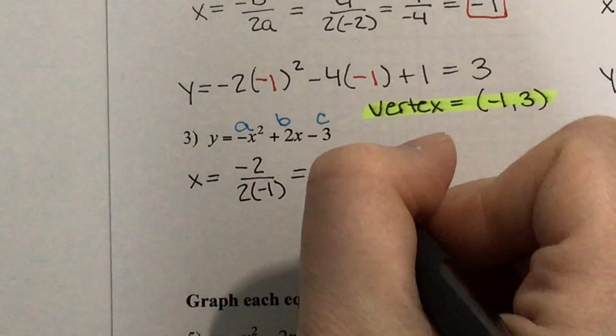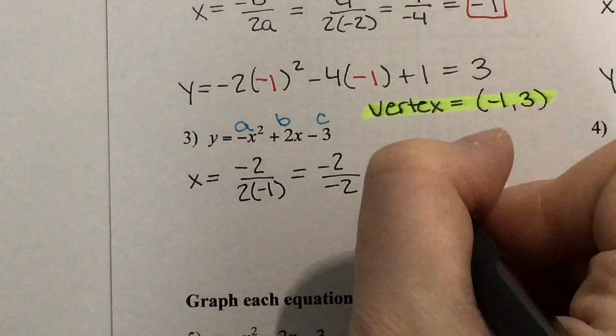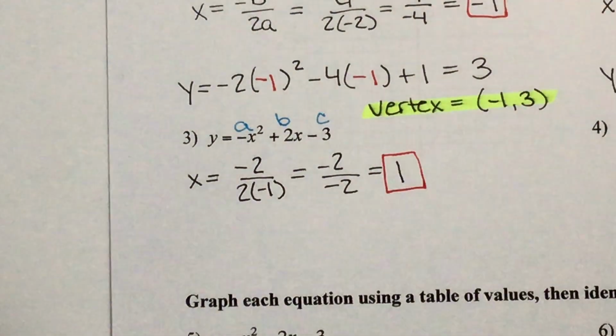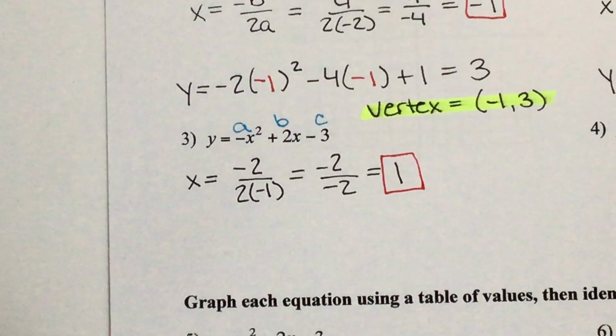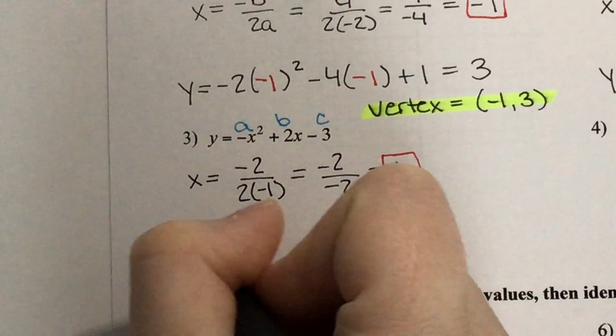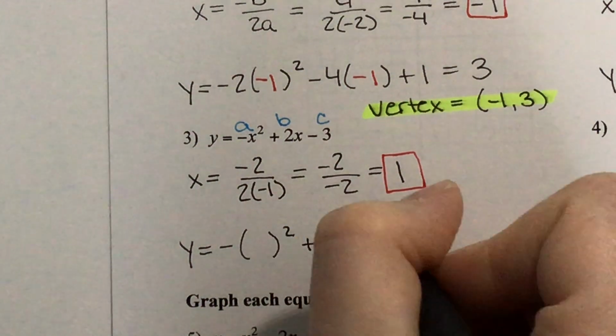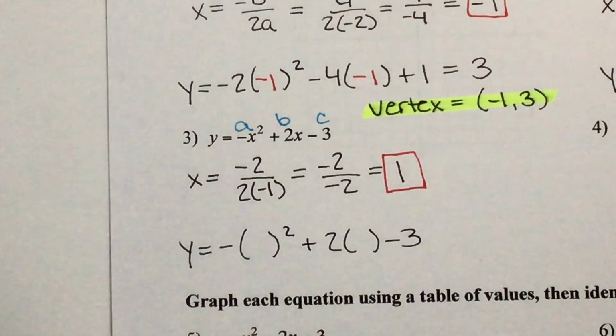So -2 divided by -2, it's +1. So that's what we're going to take and plug back into the original. y equals -x squared plus 2x minus 3.